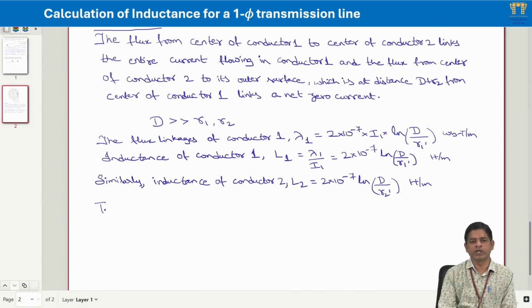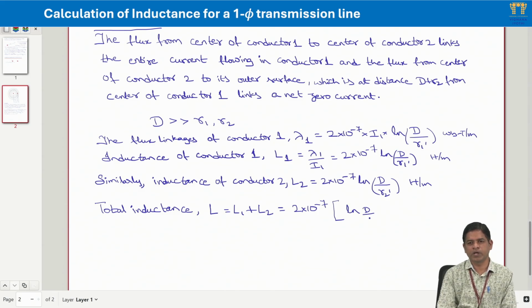Now, if I want the total inductance of this single phase transmission line, I can call it capital L, which is the sum of L1 and L2, which comes out to be 2 into 10 power minus 7, common in both the terms, times log of d by r1 dash plus log of d by r2 dash.